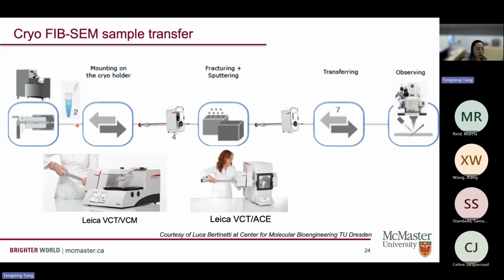So briefly speaking, once the sample is in the liquid nitrogen vial, we need to find ways to transport those samples into this VCM machine and then utilize the VCT arm to bring out the sample, either the grids or the planchette, into the VCT and bring the VCT to the ACE machine. So ACE is for the coating of the sample surface.